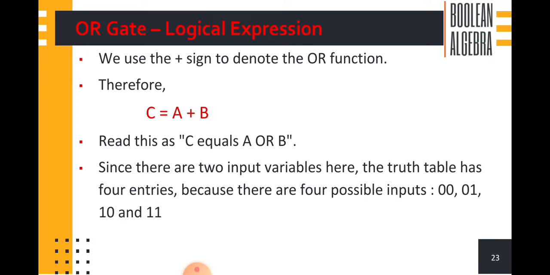So only 4 entries are possible. What are the possible inputs you can give to these 2 variables? Either you can give 0 0, 0 1, 1 0 and 1 1. These are the possible combinations of inputs you can give for 2 variables: 0 0, 0 1, 1 0 and 1 1.